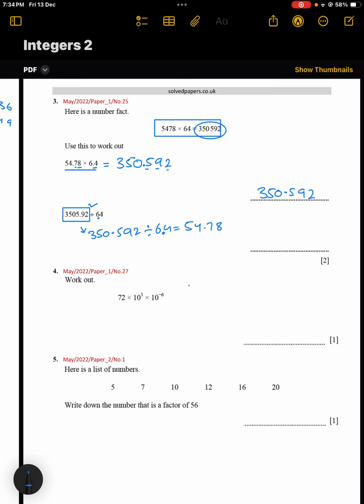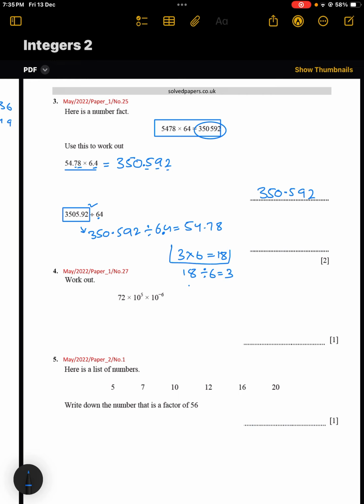Otherwise, the easy way to solve this question is to use a calculator. But you can get this question. I will give an example of that. For example, let's suppose I have a question that says 3 times 6 is 18, and when I say 18 divided by 6 equals 3.